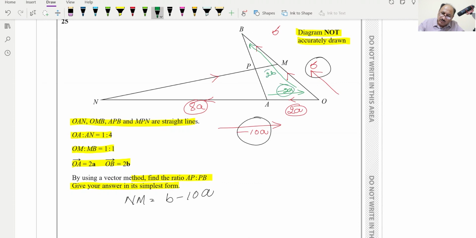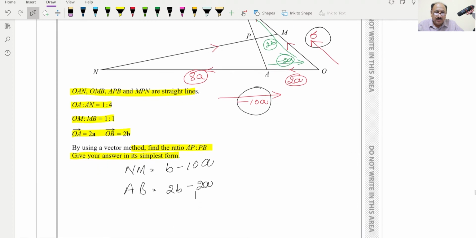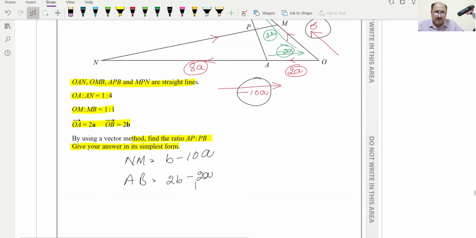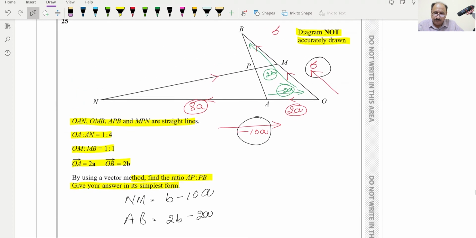So minus 2a plus 2b. I will change the color. So AB is equal to 2b minus 2a. Hopefully you are following.